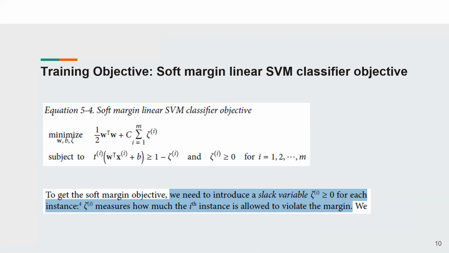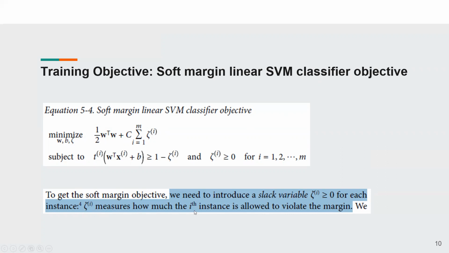There's one more thing that you should be aware of. We just discussed the hard margin. For the soft margin, we are essentially adding a penalty function that allows for a violation. So we introduce a slack variable, zeta larger than or equal to 0, for each instance.